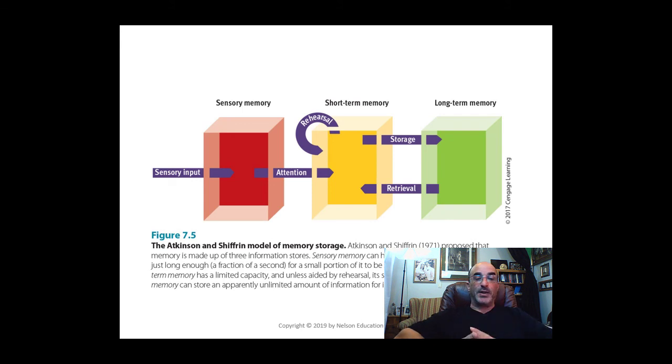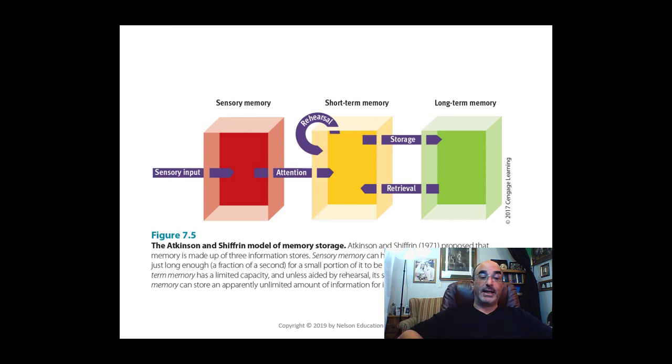So Atkinson and Shiffrin proposed that memory is divided up into information stores. Sensory memory can hold a large amount of information just long enough, a fraction of a second, for a small portion of it to be selected into a longer storage. Short-term memory has a limited capacity, and unless aided by rehearsal, its storage duration is brief.